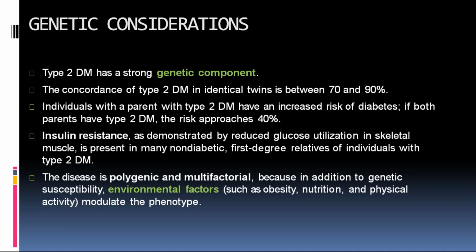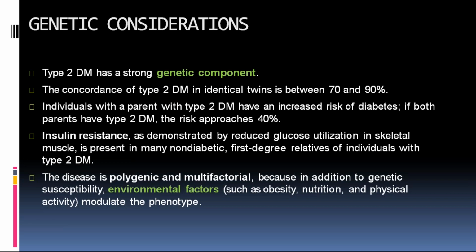So coming to genetic considerations, here type 2 diabetes has a strong genetic component. Unlike type 1, the concordance of type 2 diabetes mellitus in identical twins is between 70 and 90%. Individuals with a parent with type 2 diabetes mellitus have an increased risk of diabetes. If both parents have type 2 diabetes mellitus, the risk approaches 40%.